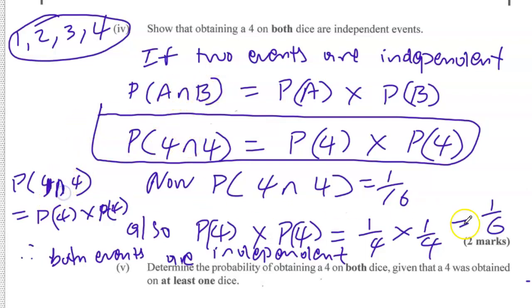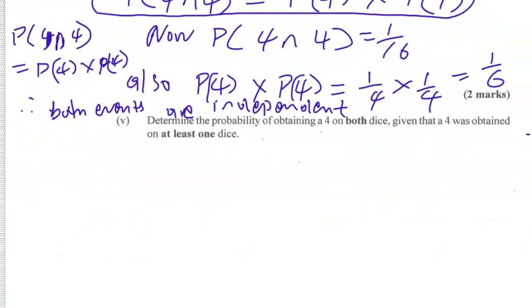Next, determine the probability of obtaining a 4 on both dice, given that a 4 was obtained on at least one die. So that's a conditional probability problem. I'm going to do some coding here.